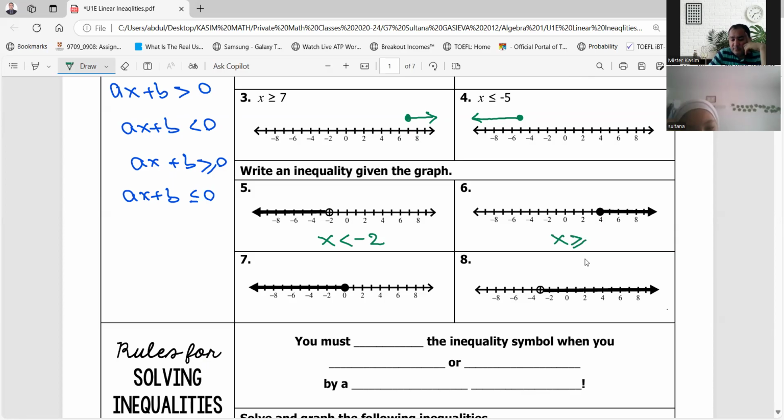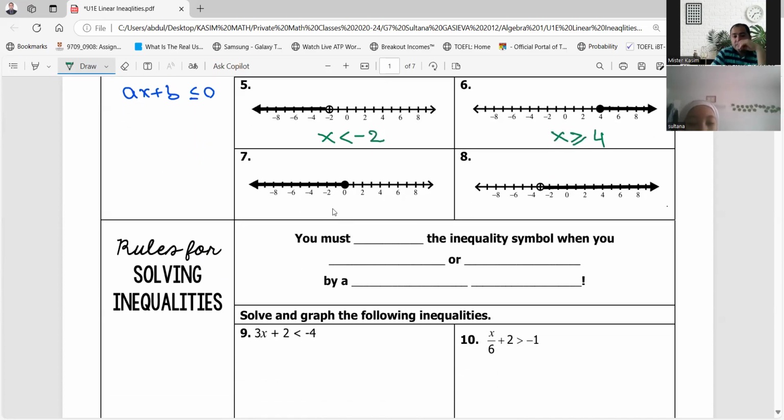It's closed, you see? Greater than or equal to 4. And 7? X is less than or equal to 0. And 8? To the right, greater than, right? Oh, to the left, less than. Yes. X is less than -2. Greater than -3.